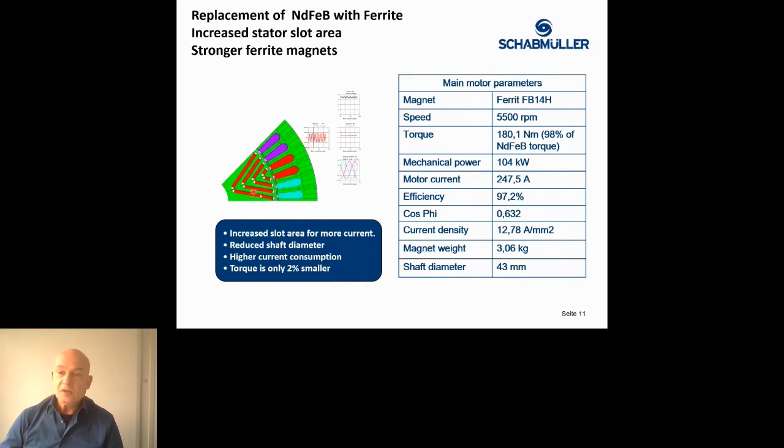You have to think a lot about your rotor design. You need to try to place as much ferrite as possible into your rotor. You have to increase the slot area to take more copper into the stator to keep your current density down in order to work with a higher current. So you pay a little bit with motor current, you pay a little bit with maybe the cost of power electronics, but in the end it was possible to get very close to the original torque.